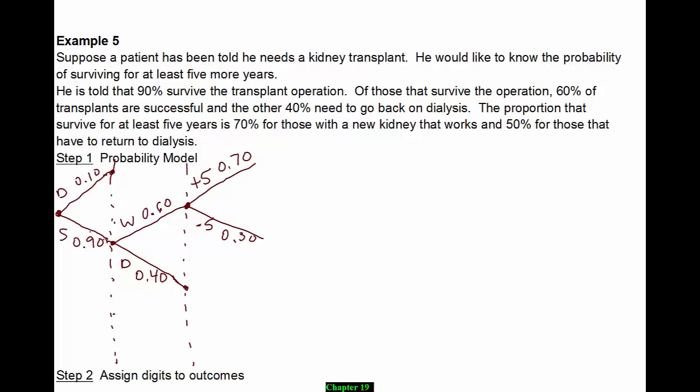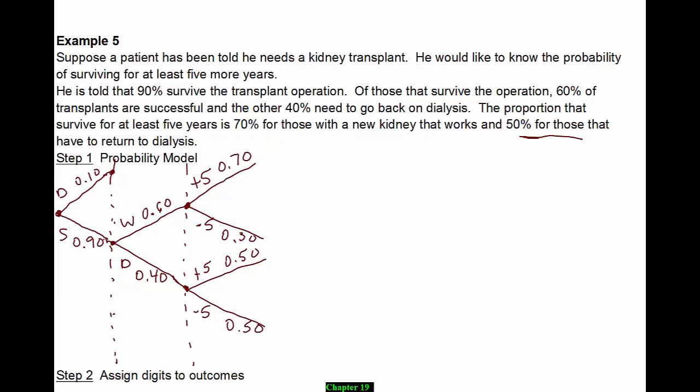If you're on the survive the original operation, go back on dialysis branch, it says that 50% survive past 5 years. So again, you can either survive past 5 years or not survive past 5 years. And it's a 50-50 chance of either one of these options. Now in a minute, we're going to use these dotted lines to help us make some notes.